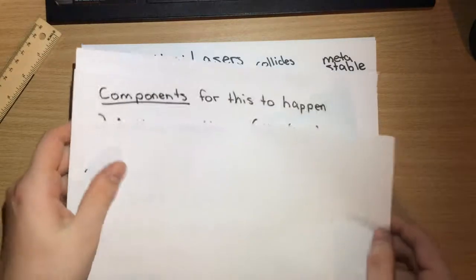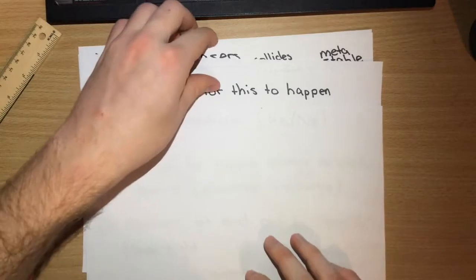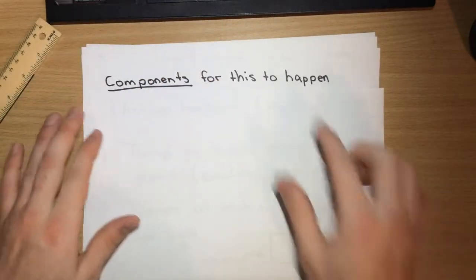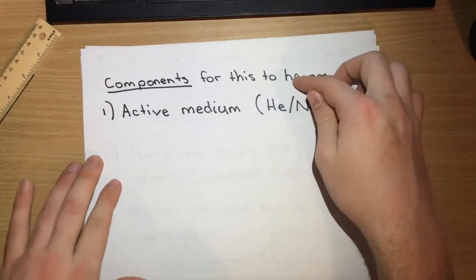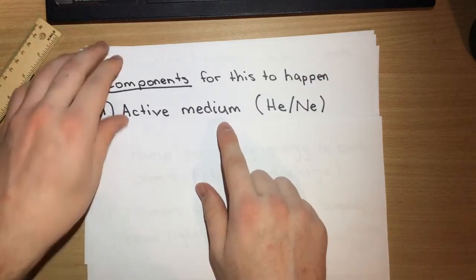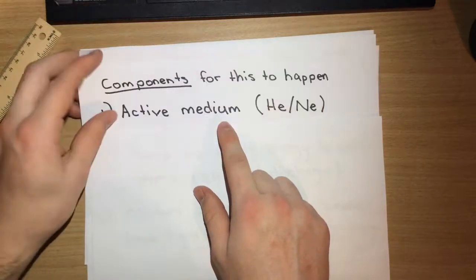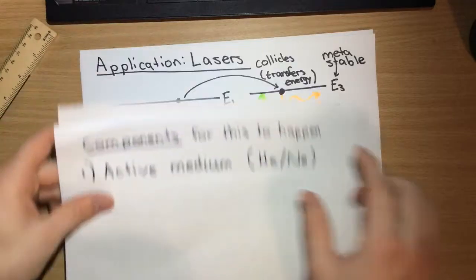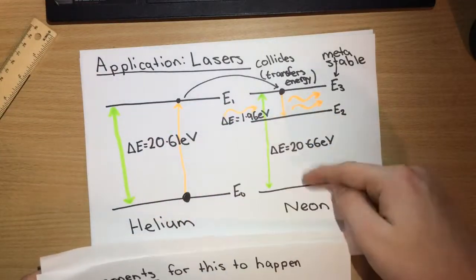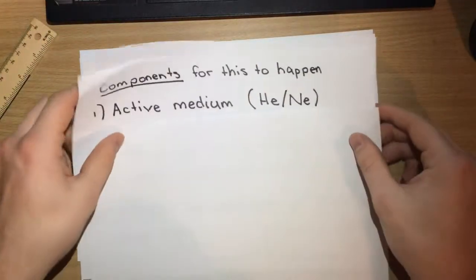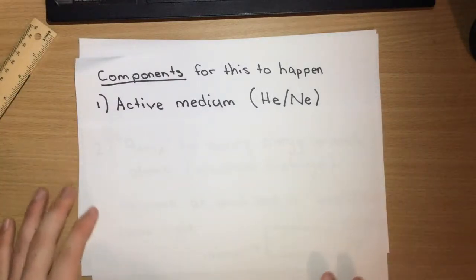The components for this to happen are, one, we need an active medium. That's just talking about our helium and neon, which is going to act as our medium for this to happen. Without it, it wouldn't work.